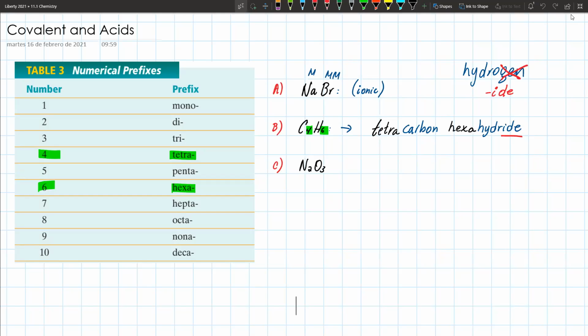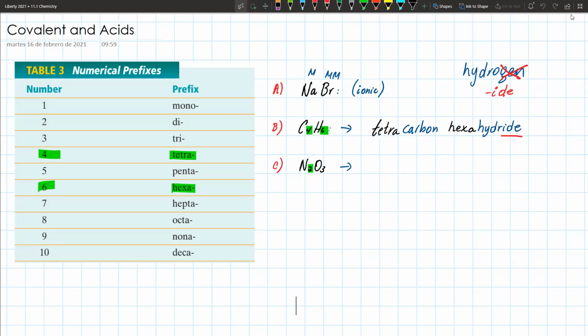How can we name the third one? The subscript 2. Disodium. To represent 2, the prefix is di, like diameter. Okay?